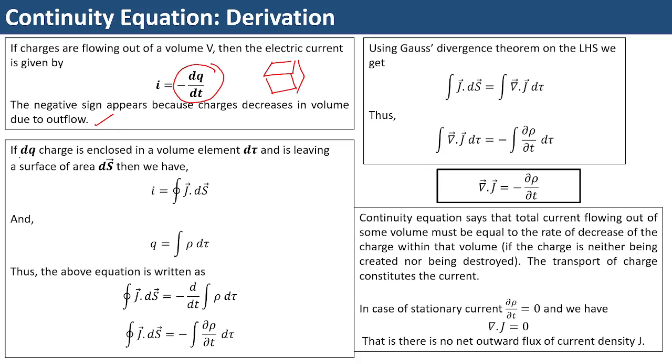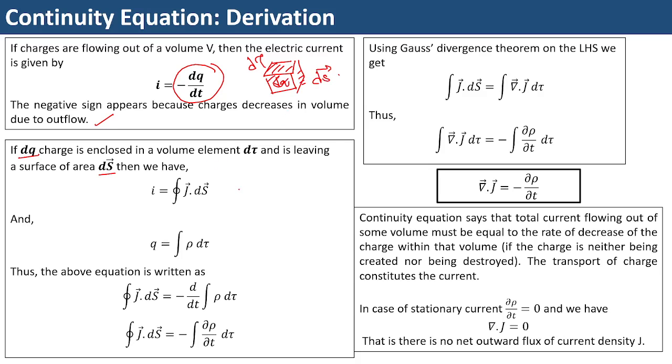Now, if charge dq is enclosed in a volume, let's say in this particular volume there is a small amount of charge dq, and let's consider this volume element be designated by d tau, with the whole surface of this volume given by ds.